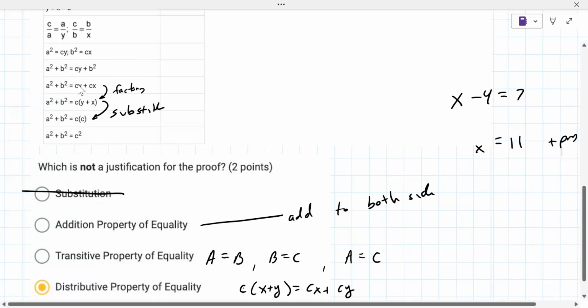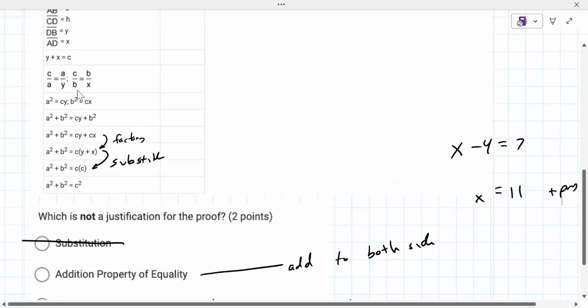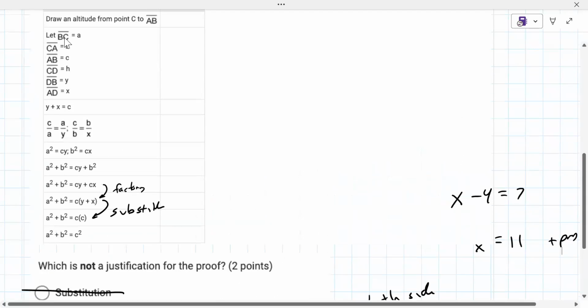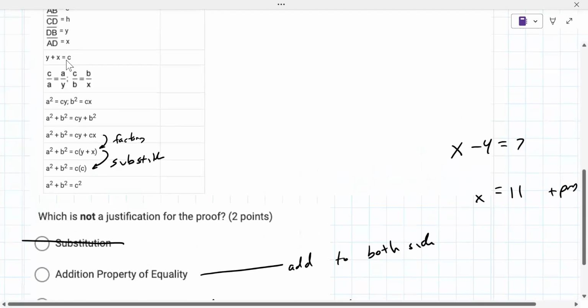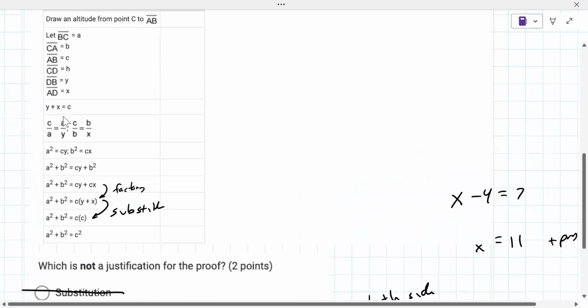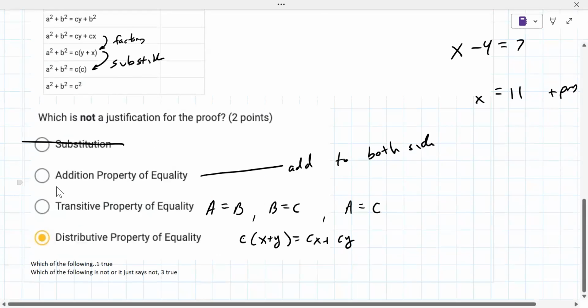I don't see that they're subtracting out. Transitive property I also don't see. Maybe it's up here, BC equals A. Maybe they're using transitive in this thing here. I'm not sure, truthfully.